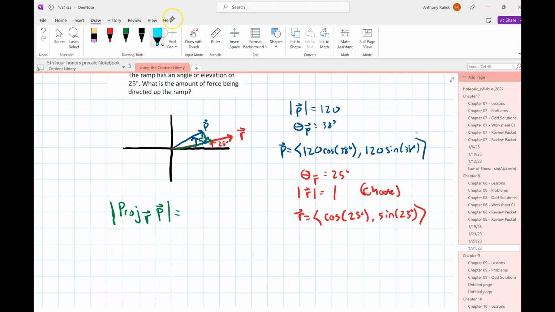Now, since we're projecting onto a unit vector, this process is much easier. It's just going to be the absolute value of the dot product of P and R. That was something we proved in our last lesson.